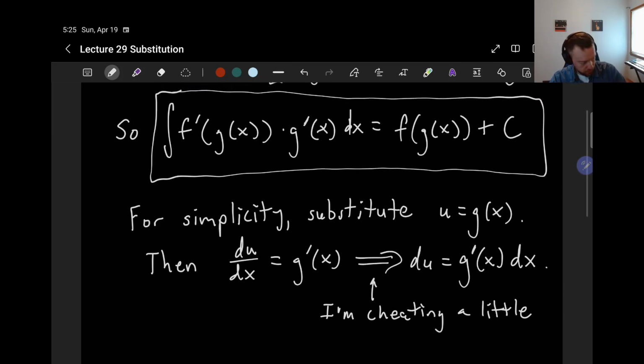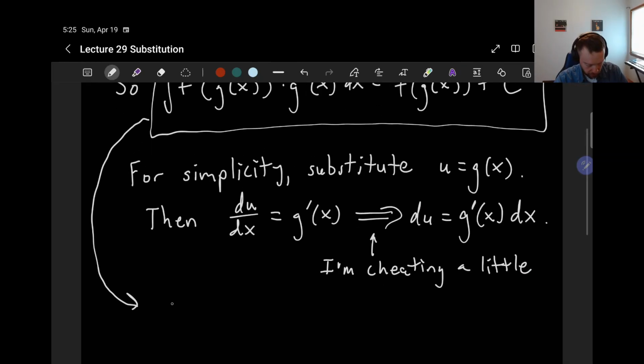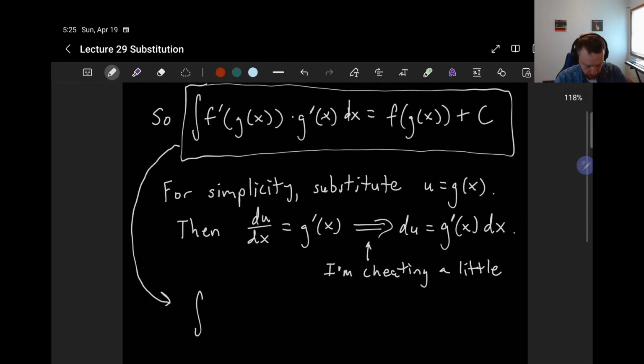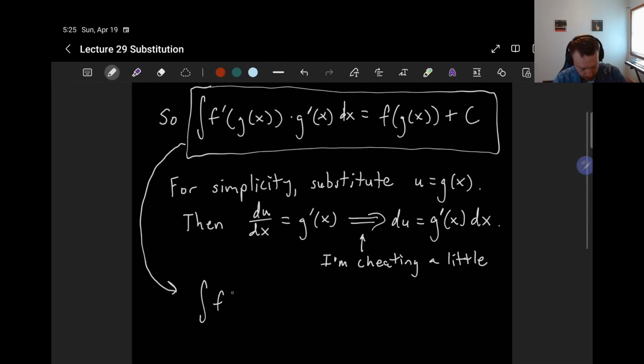All right, so if I put all this together, then the integral I have above can be rewritten. Let's zoom out a bit. f prime of u is g of x, and this g prime of x dx is just our new differential du.